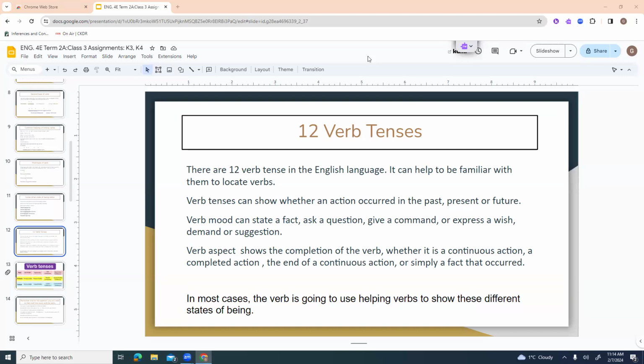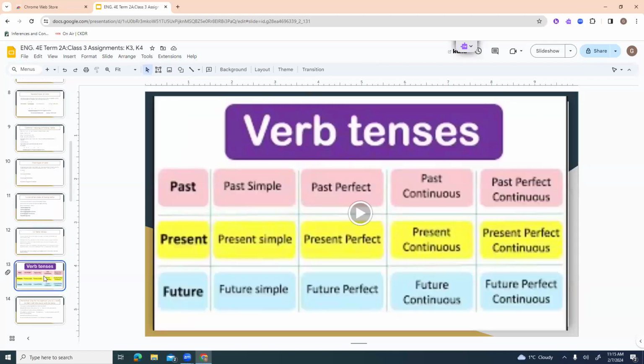Now, again, I don't need you to know every single type of verb tense, but I do want you to recognize them so when you're writing, you're sort of aware whether it's correct or not because you've seen it before. In most cases, the verb is going to use helping verbs that show these different states of being. And remember that the helping verbs are the ones we sometimes find tricky.